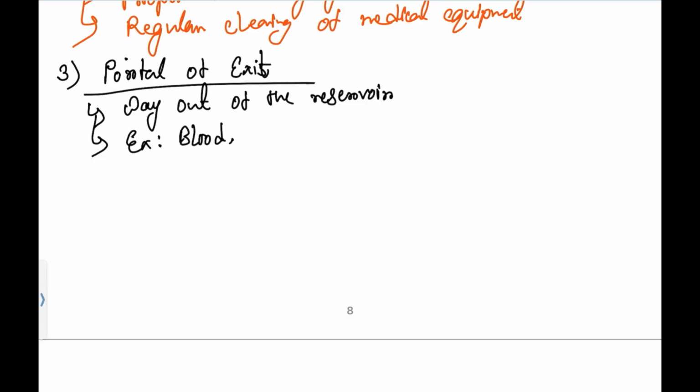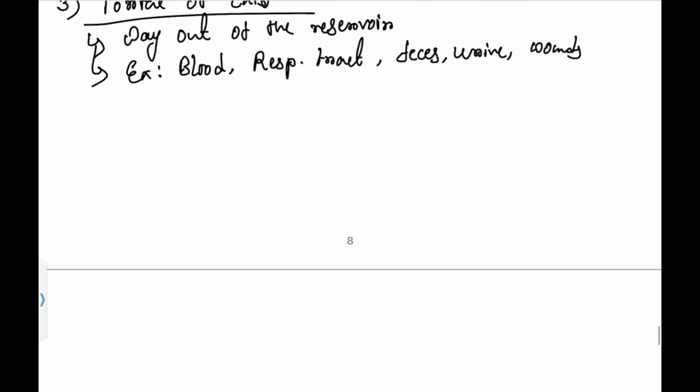Now they need to come outside. In which way can they come outside? Through my blood: if there is broken skin, blood will come outside, and microorganisms are present in that blood. Or through the respiratory tract, like if I am sneezing or coughing, through the nose it will come outside. Or feces, urine, wounds. Those come under portal of exit.